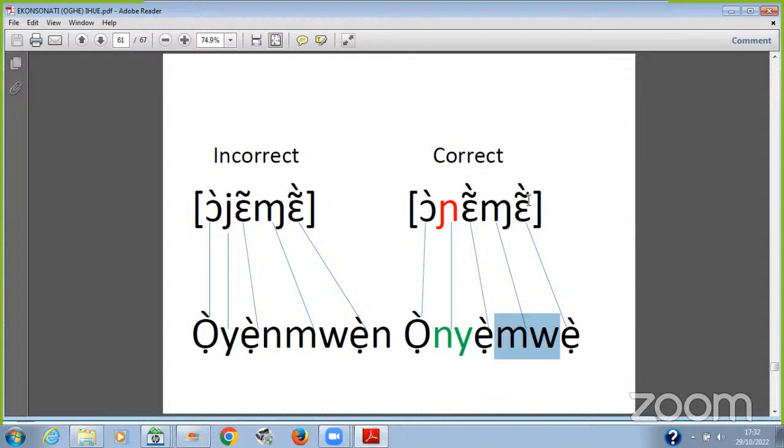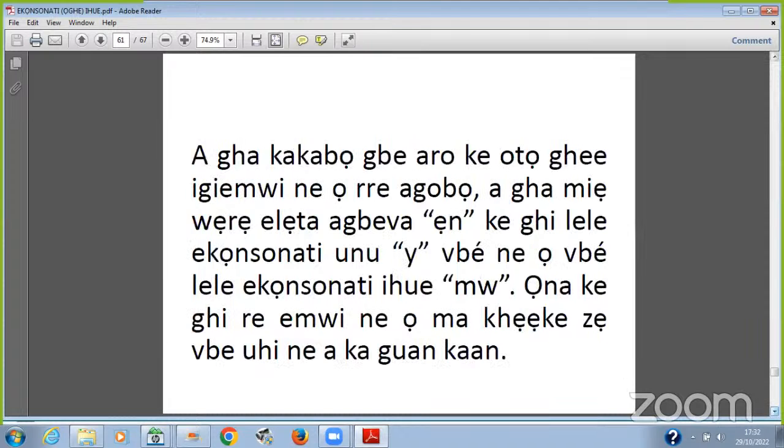That is a more logical way of analyzing this fact than what you have to the left. So these are things we must look at when we are writing Edo.